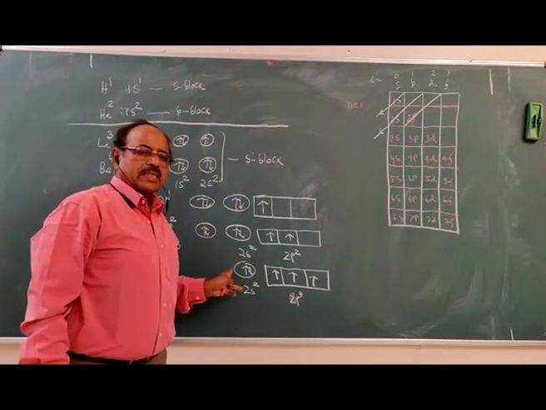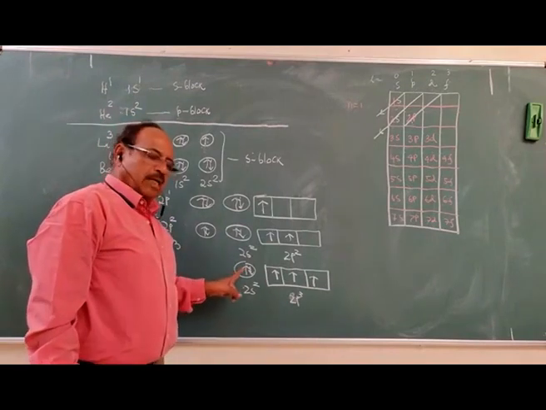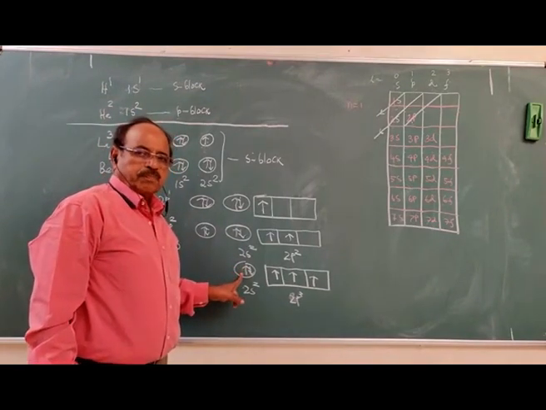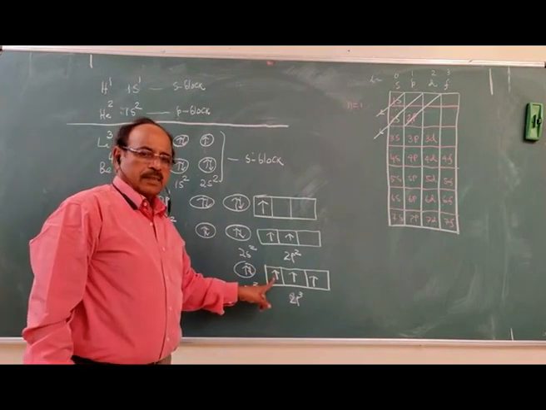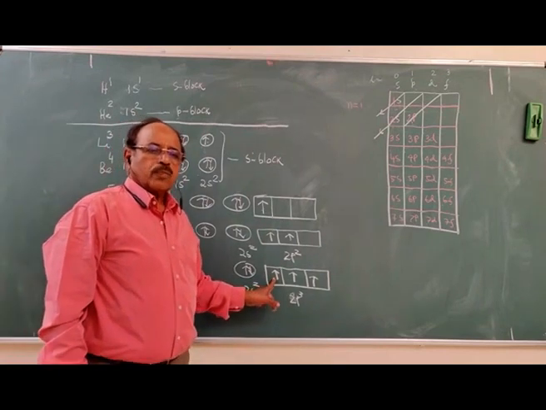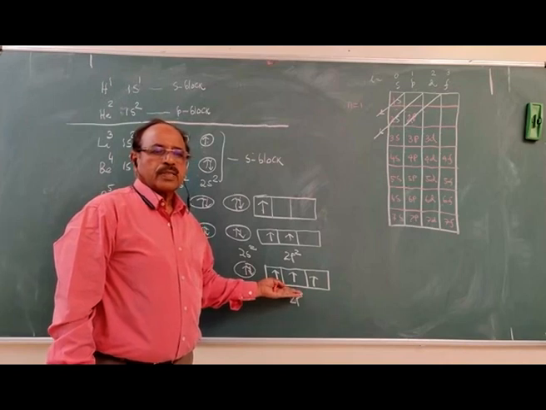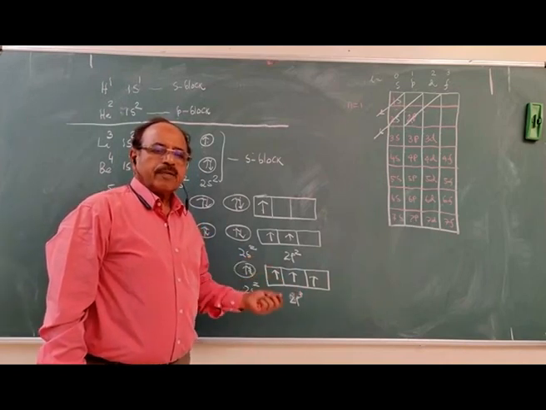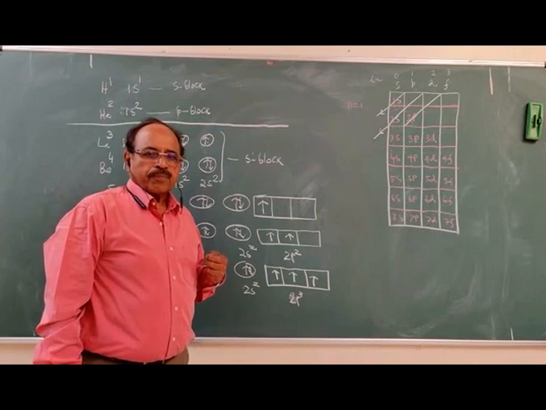Now look at the configuration of nitrogen. Nitrogen has a completely filled s orbital and a half filled p orbital. Look at Hund's rule. I have told you that the half filled orbital configuration and completely filled orbital configuration are stable configurations.